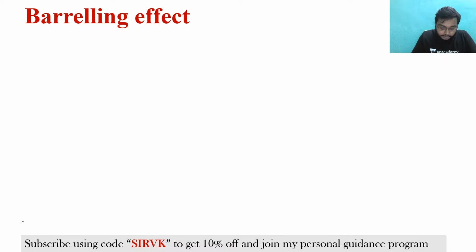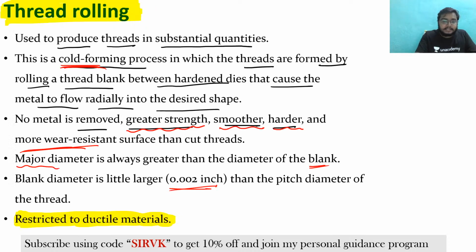Just let me know. Do you have any kind of doubts? Sir, in ductile strength is less. Yes, yes. But see, material is ductile. Material is ductile. But what is the process? Is this process a cold working process?